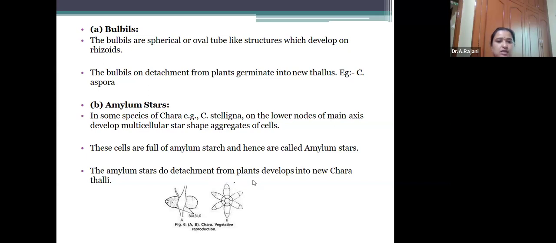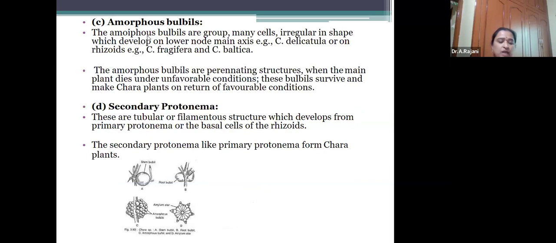These cells are filled with amylum starch, hence they are called amylum stars. The amylum stars detach from the plant and develop into a new Chara plant. Very important, keep this in your mind.